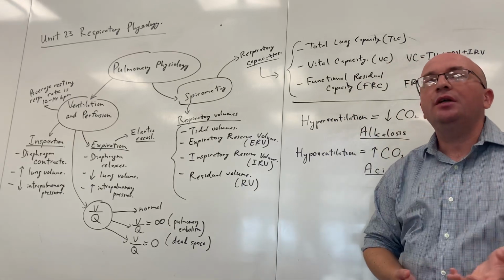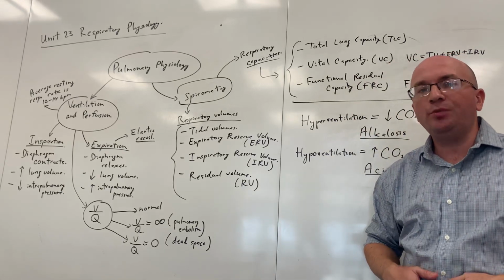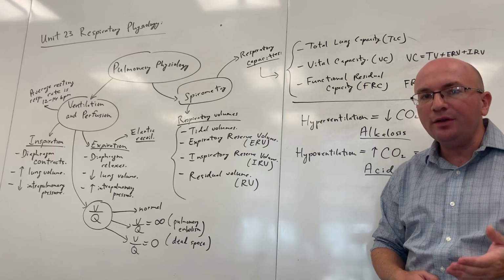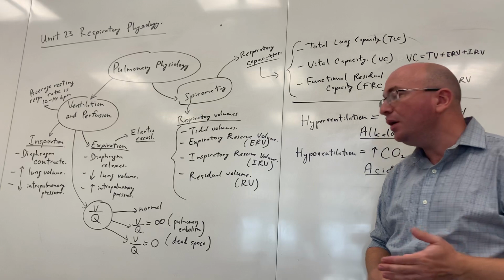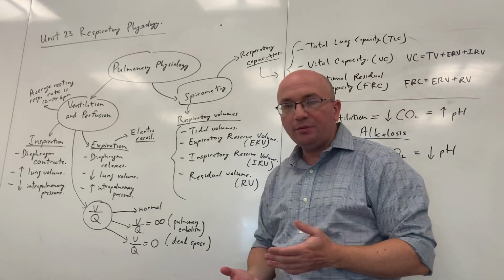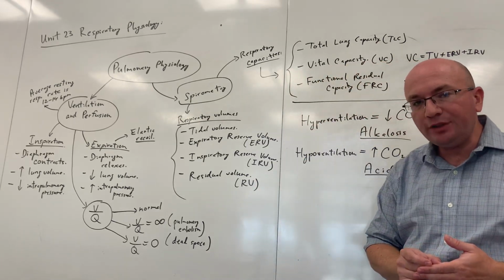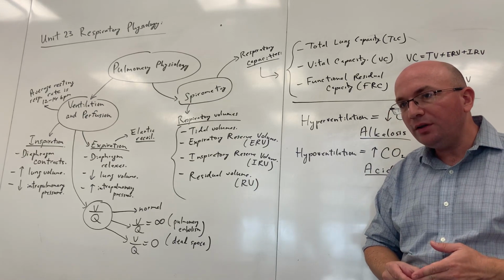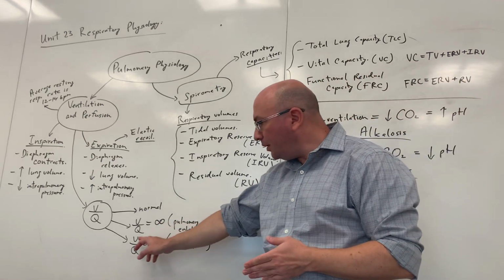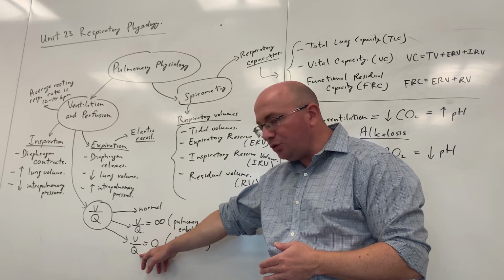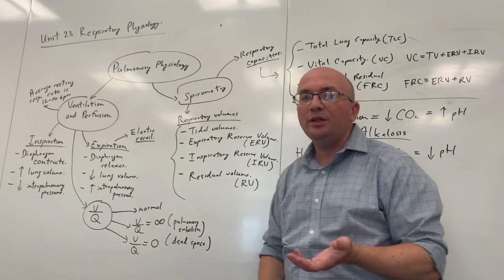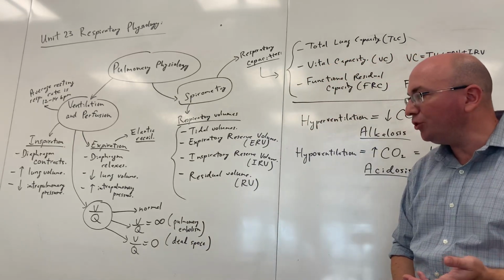This could be for a number of different reasons, such as bronchi blocked by a tumor, a cancer, some kind of malignant neoplasm or growth, or something else. It might be an object that has been aspirated, that has completely blocked off a part of the lung. But again, if Q is normal, but V is 0, then 0 over something is just 0, so that gives us that dead space condition.